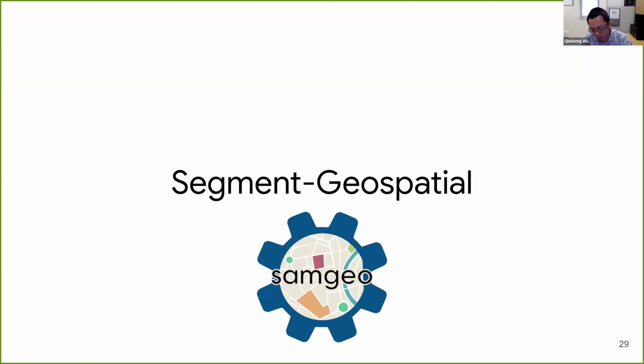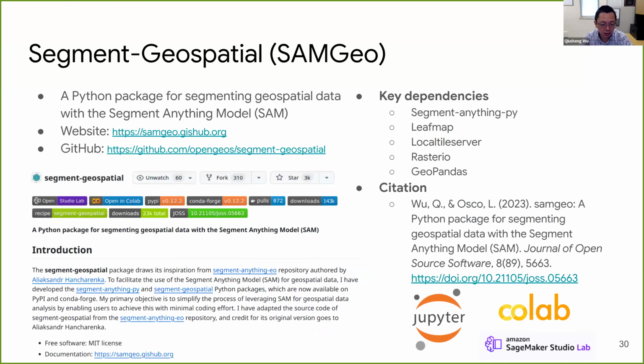One popular computer vision model is called Segment Anything, which allows you to segment objects from imagery. So I adapted the Segment Anything model to geospatial data and created this package called segment-geospatial that allows you to segment satellite imagery or aerial imagery and then extract objects.